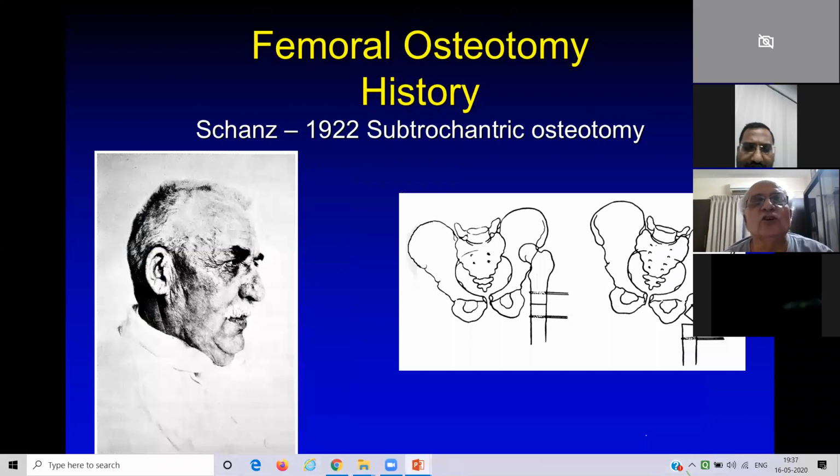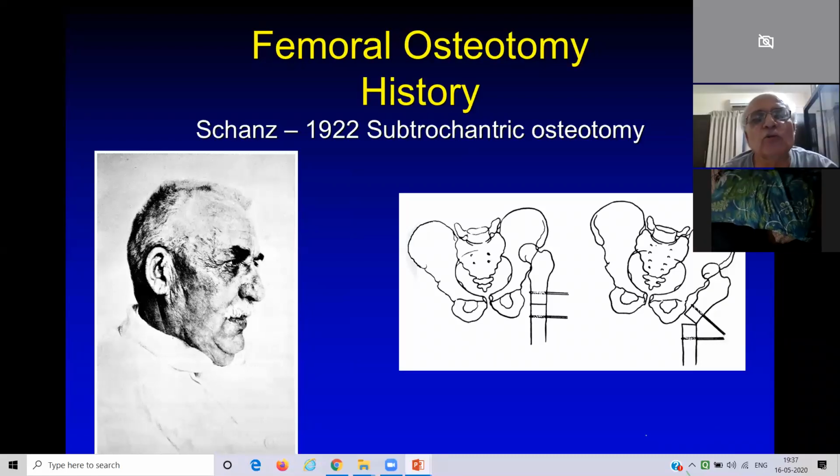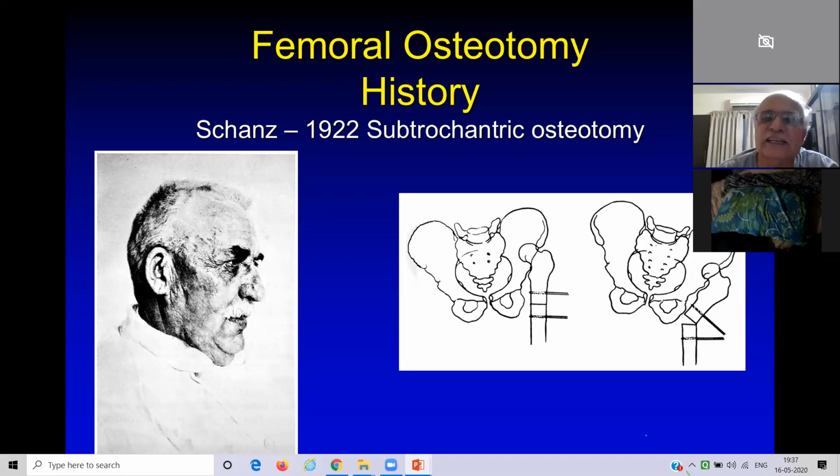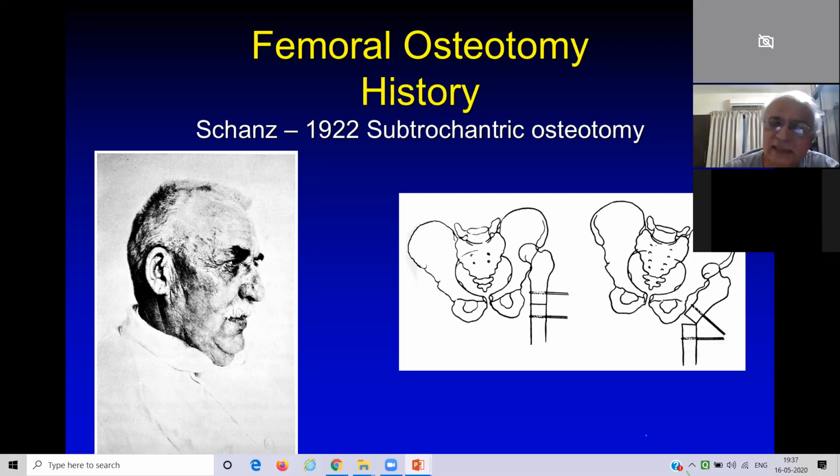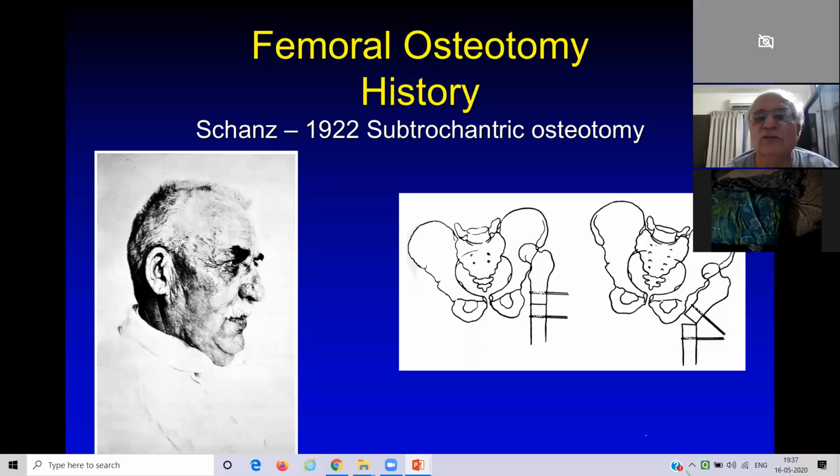Then the Schanz osteotomy was most popular in 1934. This was a German surgeon who did osteotomy at the level of the ischial tuberosity for old dislocations. At that time, a lot of dislocated hips were there because there was no protocol for CDH. So a lot of osteotomies were done around the hip at that time, and the Schanz osteotomy was very popular.